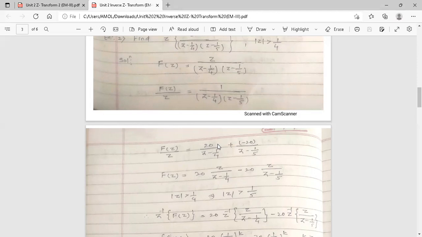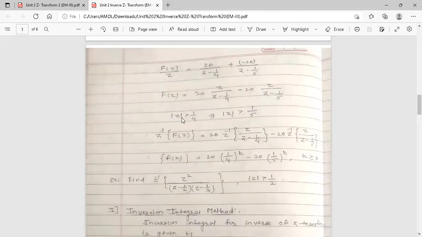So using that method, you can separate these two terms. Now after finding these arbitrary constants a and b, meaning 20 and minus 20, you shift the z of the denominator to the RHS so that you get f of z is equal to 20 into z upon z minus 1 by 4 minus 20 into z upon z minus 1 by 5.